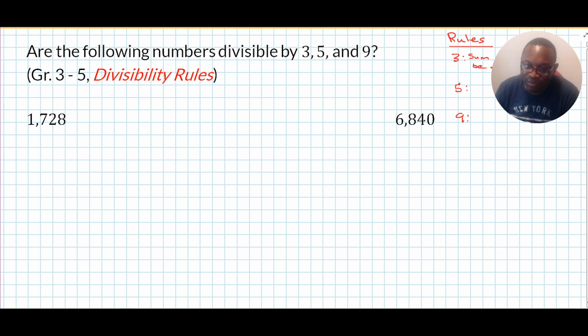For a number to be divisible by 5, the number must end in 0 or 5. And for 9, if a number is divisible by 9, the sum of the digits can be divided by 9.